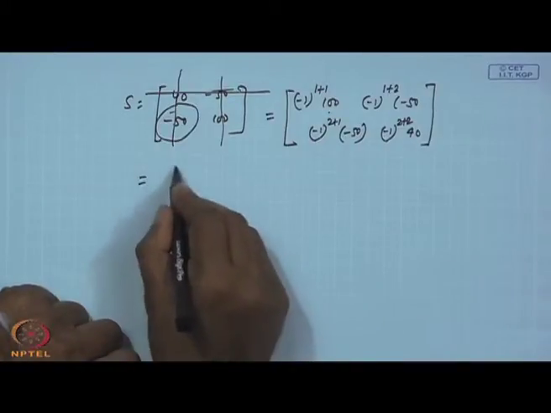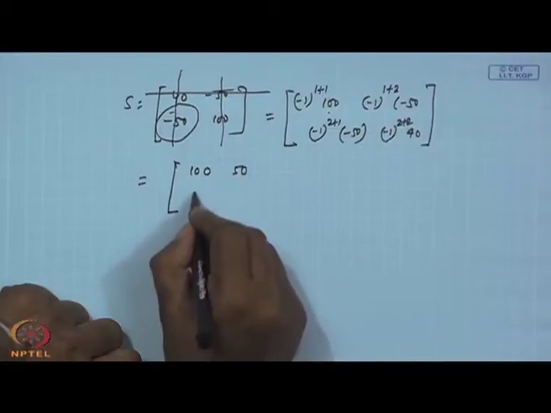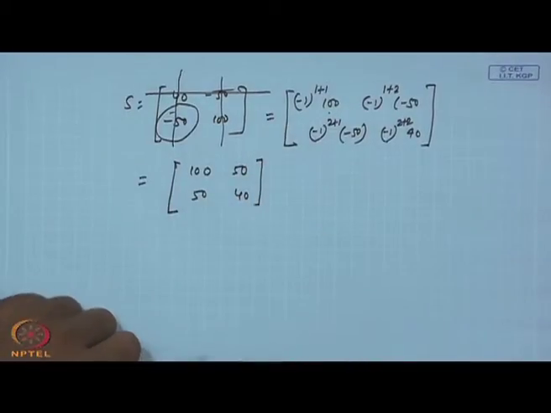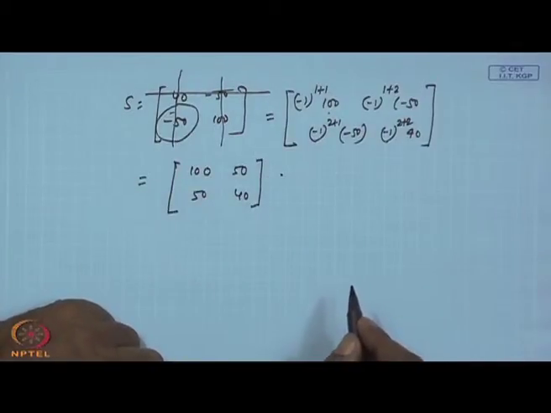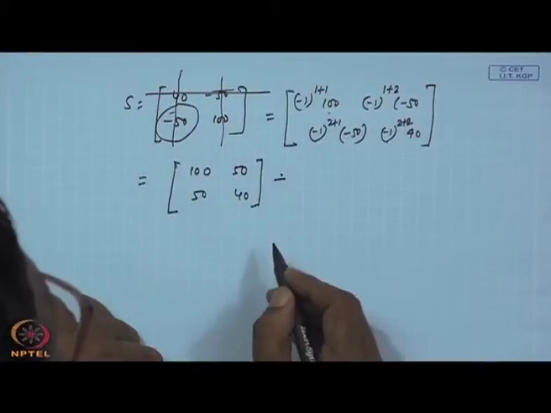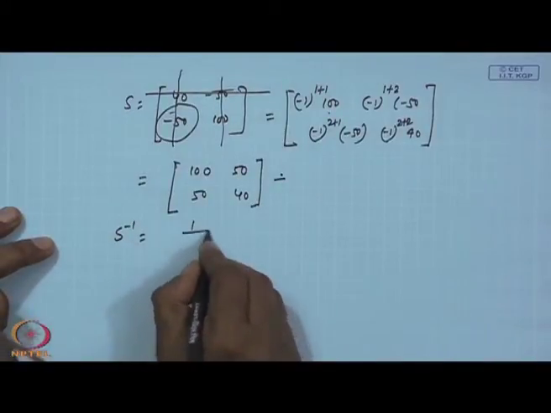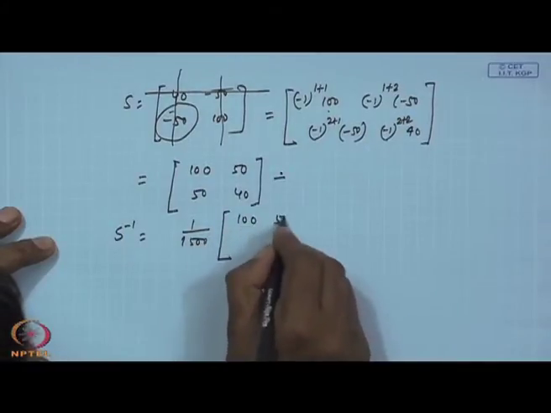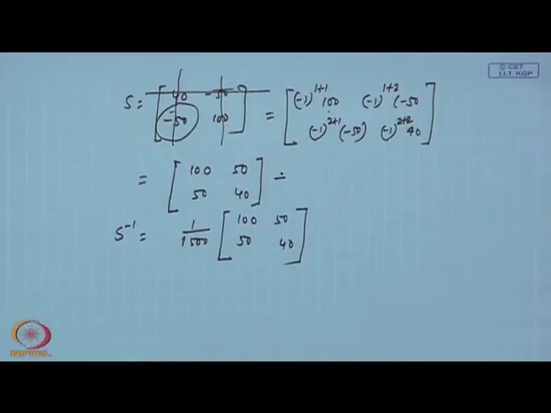The resultant matrix will be 100, 50, 50 and 40. If you take the transpose, you will get the same thing, because it is a square symmetric matrix. So, S inverse will be 1 by 1500 into this. This will be your S inverse.